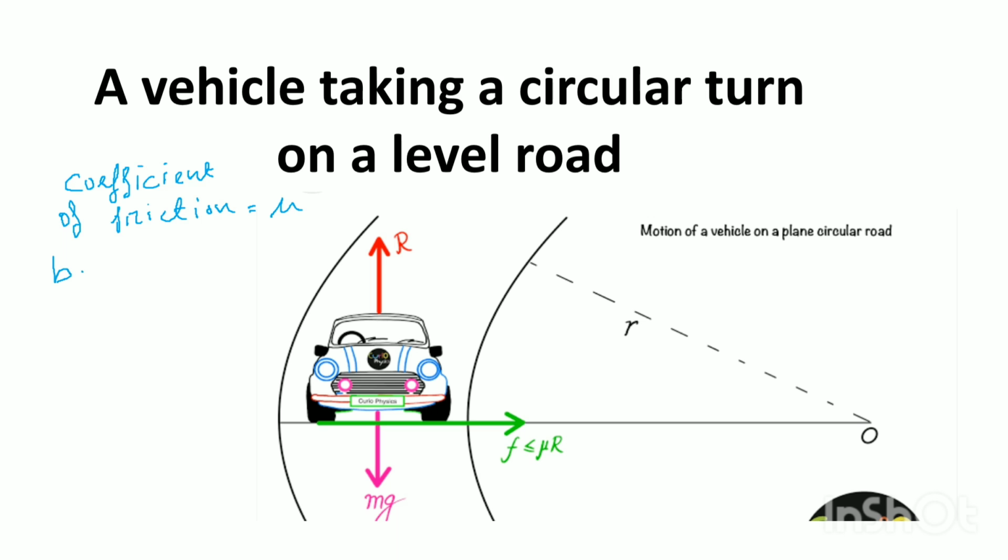Centrifugal force is the outward radial force experienced by an object in circular motion. This is very important for banking of a circular track, which I will discuss very soon.